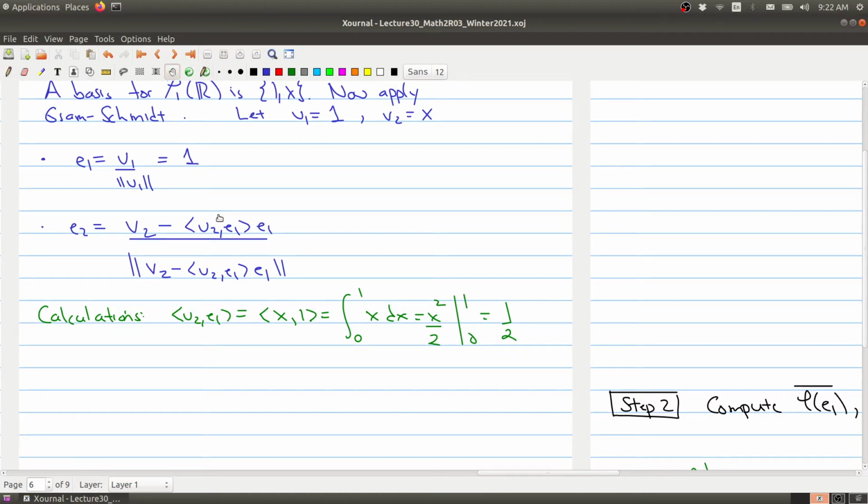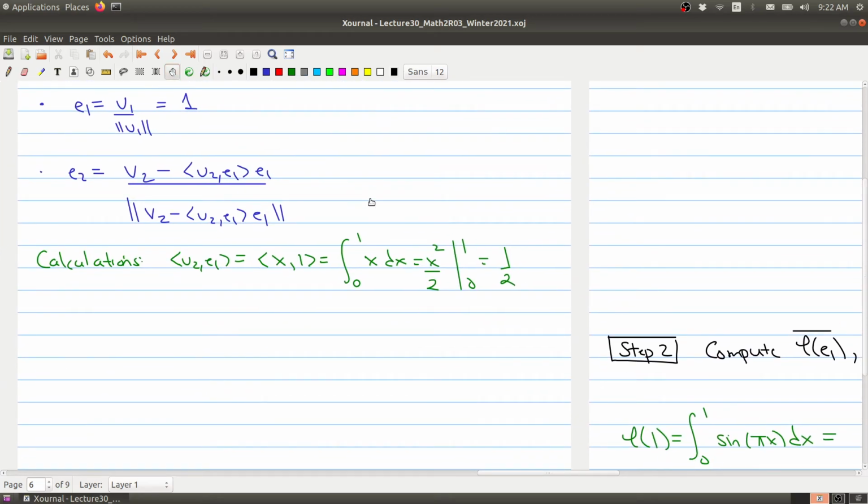This tells me what this term is. And now v2 minus the inner product of v2 and e1 times e1 is equal to x minus 1/2 times 1. So we can just write that as x minus 1/2.